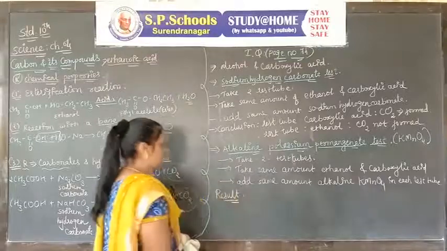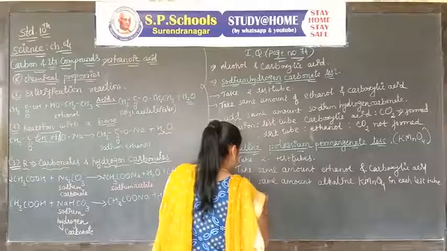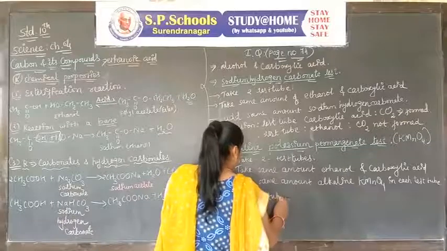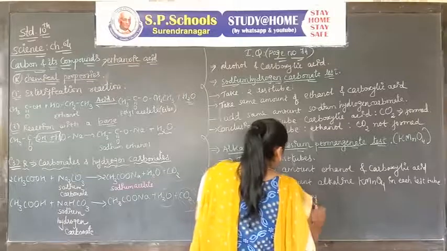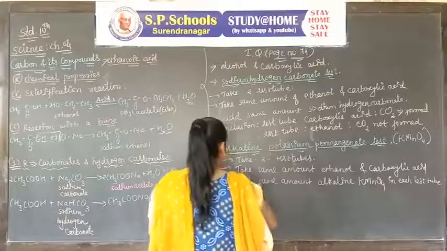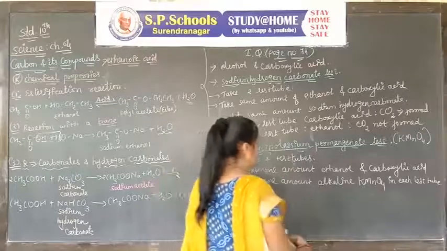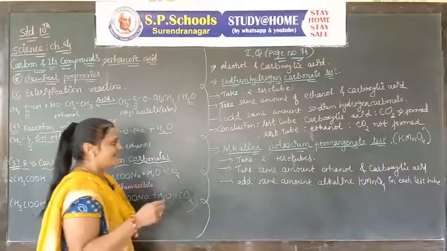In the test tube which contains carboxylic acid, in each test tube, and here we add one word. What can we do? Take two test tubes.